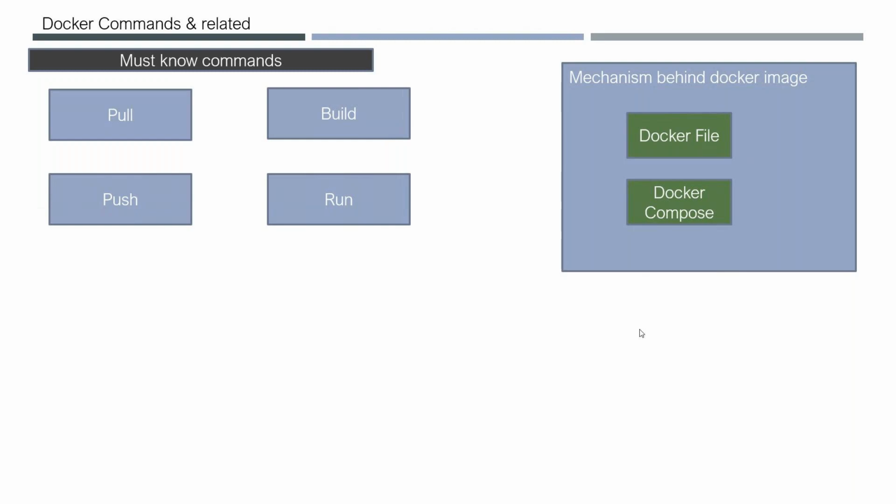Push means you will push the code from your local to a remote repository. Similarly, pull means you will pull the images from a remote repository. Push means you will push your image to your remote repository. Build means you will build an image for your code. Run means you will create a container based on the image built from the build command. So as simple as that, you can apply your analogy like that.